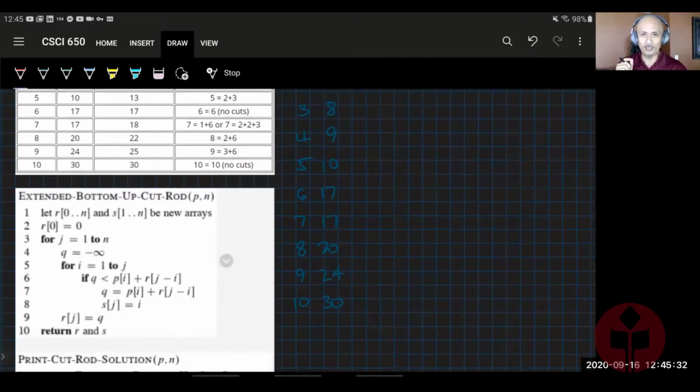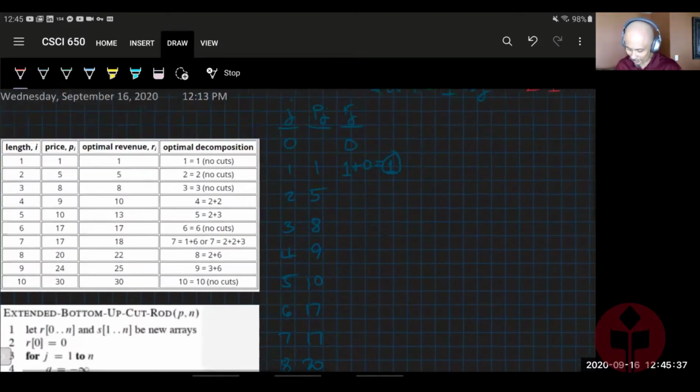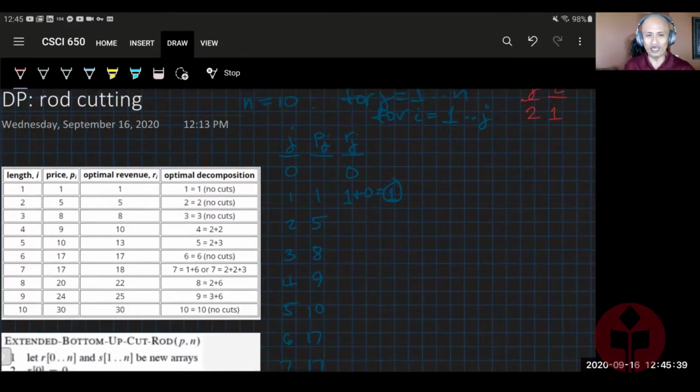So in this case, it's 2 minus 1 is 1. Another way to look at that is since we're trying to fill out the entries in row 2, the i values for the price start from row 1 down to row 2. There's only two of them because we only need two sums. The j values for the optimal revenue start from the previous row and go all the way up to 0. So we have this opposite direction going on.